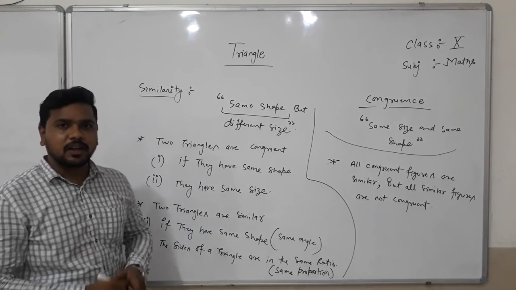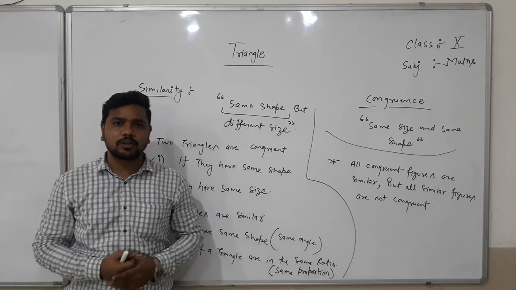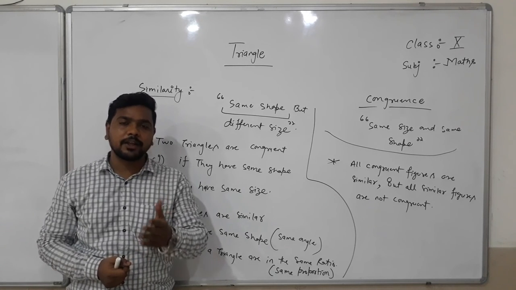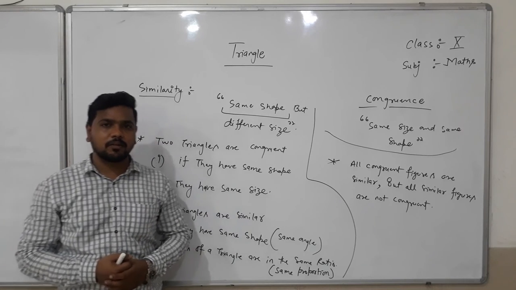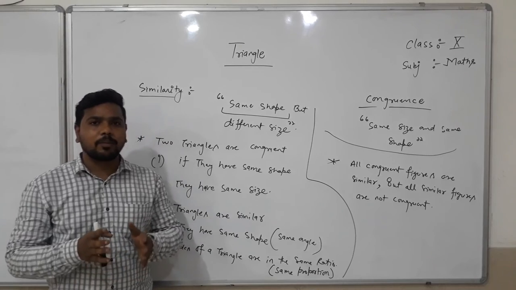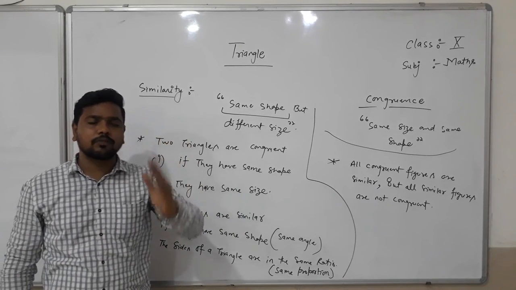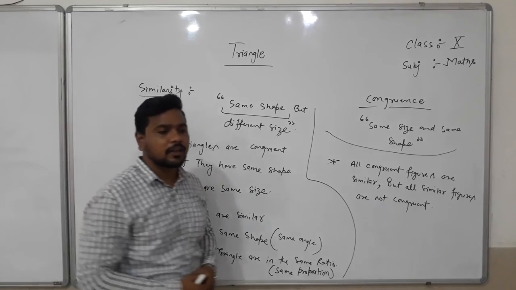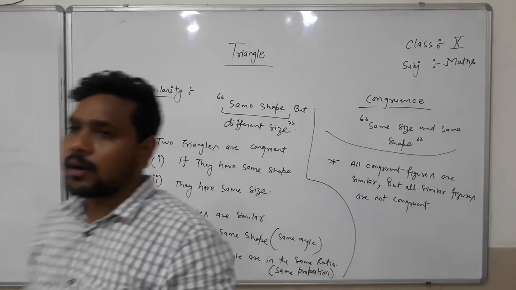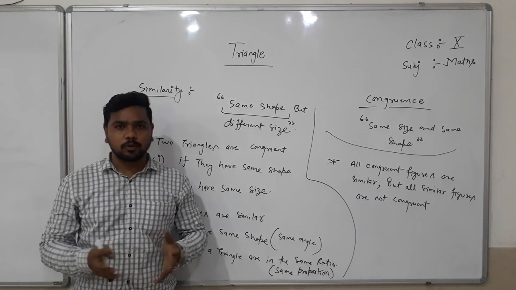In the next class, I will take Thales theorem, also known as the BPT theorem. BPT means Basic Proportionality Theorem. In that theorem, we will prove how similarity happens, how we can make the proportion of the sides, and we will also study the converse of the basic proportionality theorem.